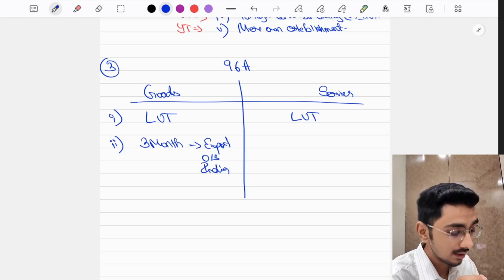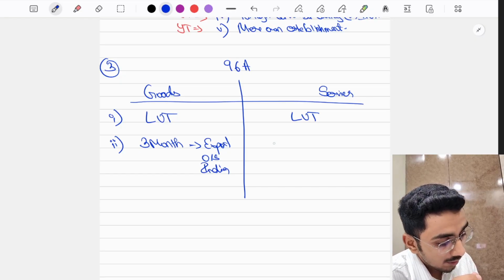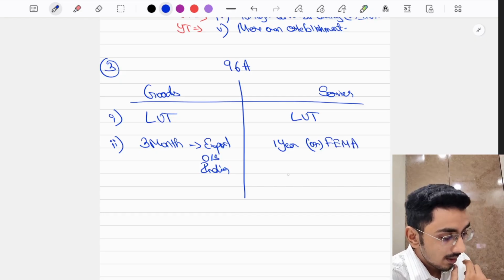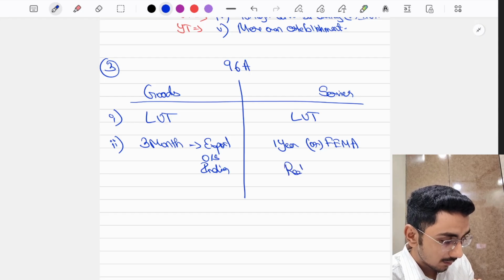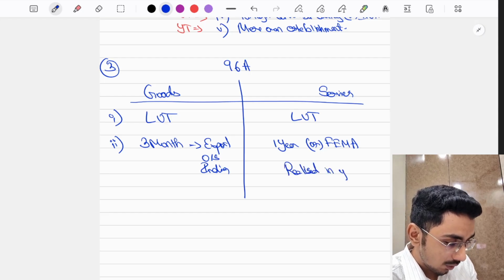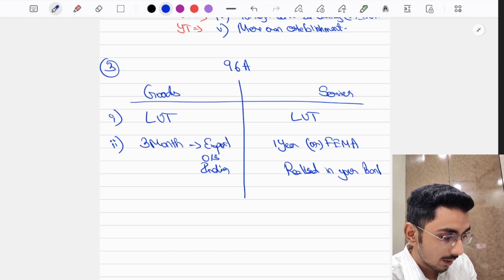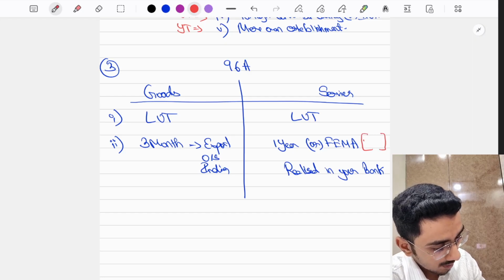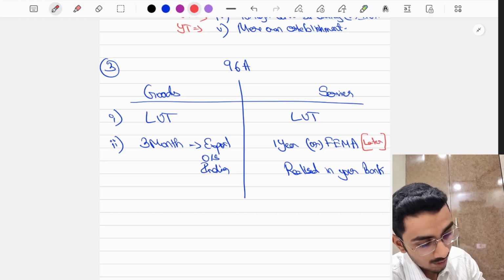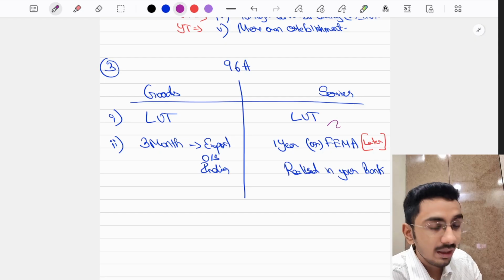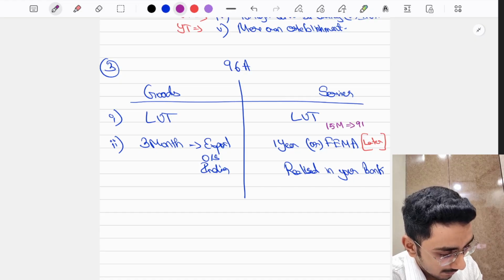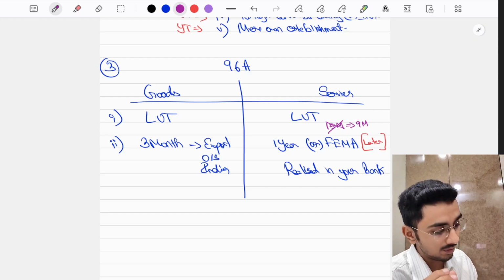And for services, within a period of 1 year or as per the FEMA guidelines, whichever is later, payment should be realized in your bank account. Now just adding to it, earlier FEMA was 15 months, but recently it got changed to 9 months, just for reference purpose.